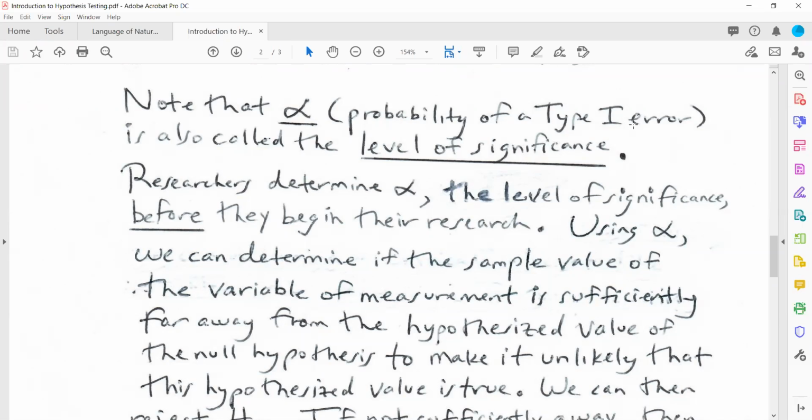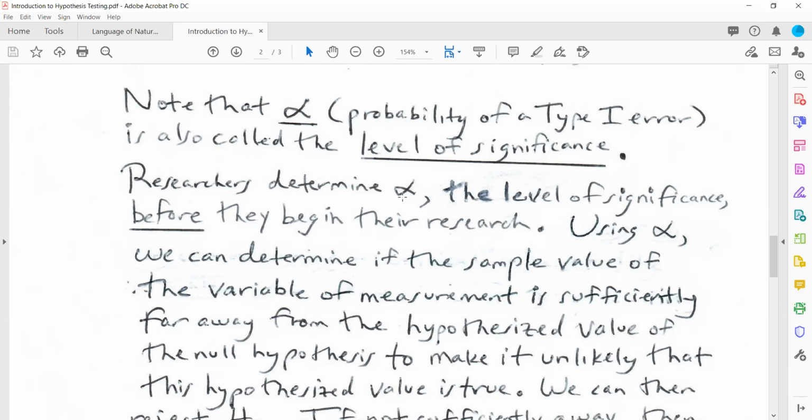And so what researchers do up front is they select alpha, this level of significance, this probability of a type 1 error. They select it up front, and they pick some small values such as 5%, 1%, 10%, some value around those. 5% is very typical. It's usually expressed as a decimal, so if it's 5%, alpha is equal to 0.05.